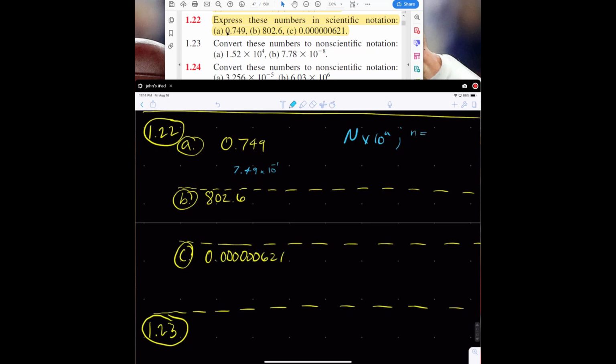Lowercase n equals negative if you have to bring the decimal point from the original to the right.